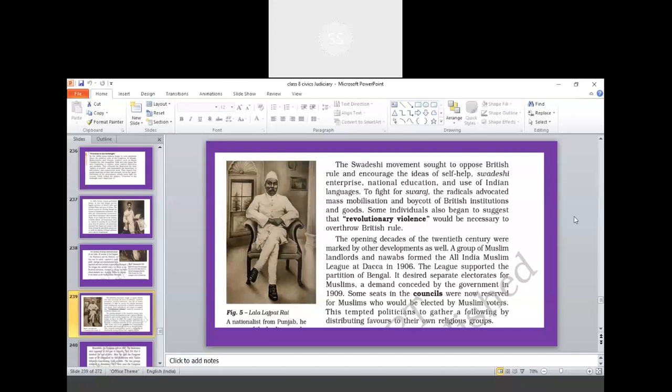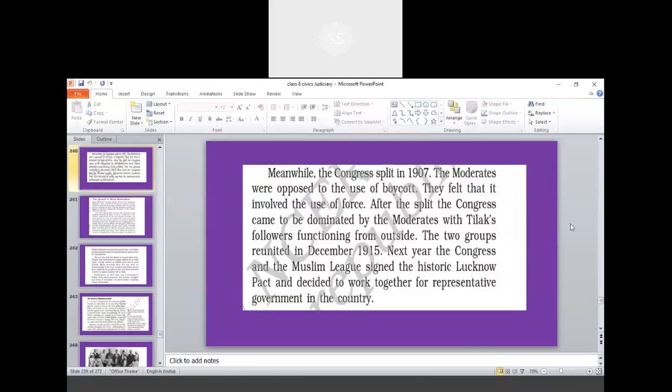So radicals are those young generation leaders of the Indian National Congress. They were not happy with the methods followed by the moderates because they called it a politics of prayer.